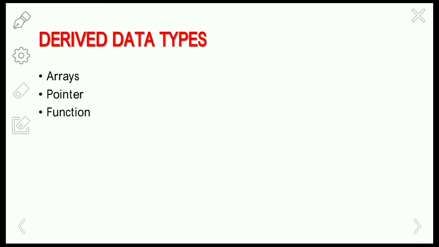A function is defined as a segment that contains a group of statements to perform a specific task, or a function is defined as a self-contained block of statements which performs a specific task. The function that we normally use in any program is the main function.